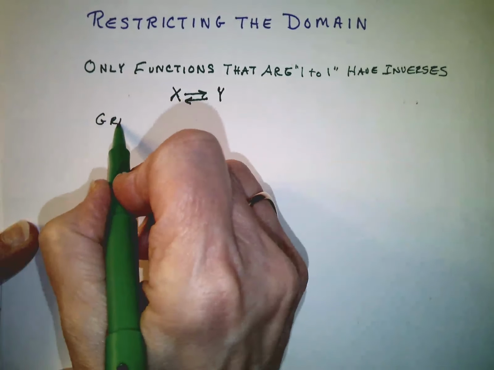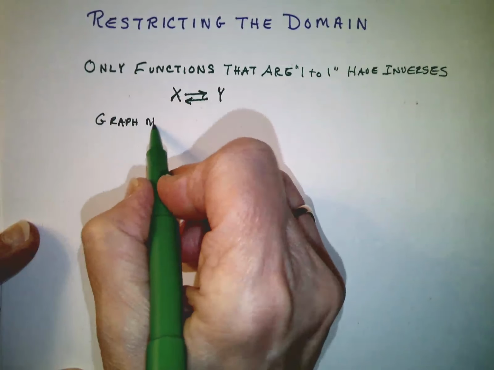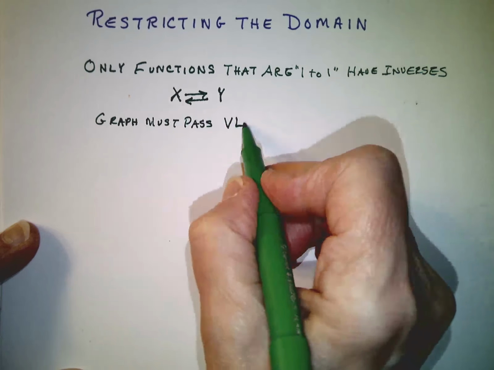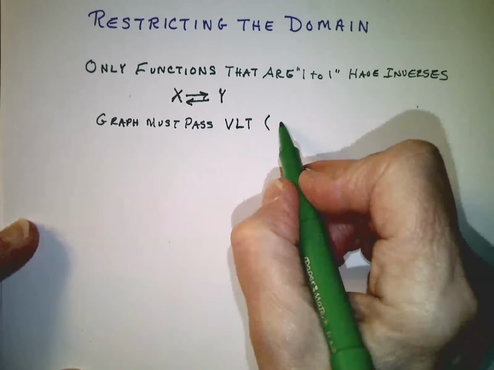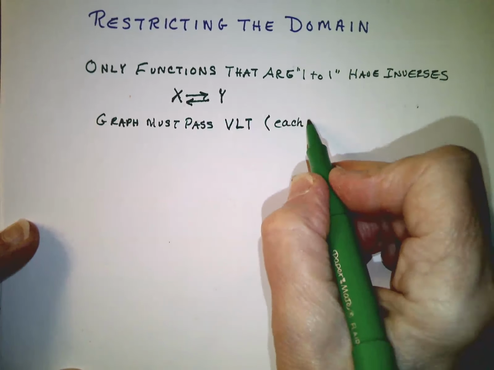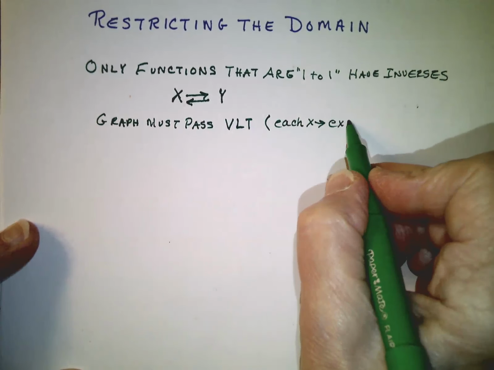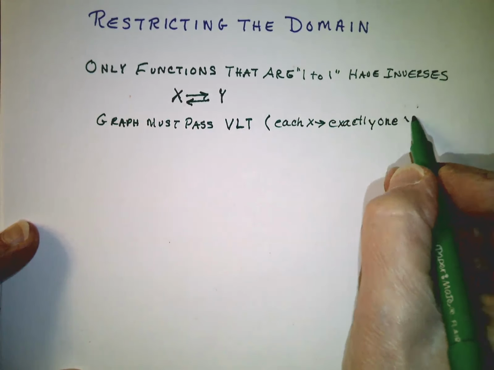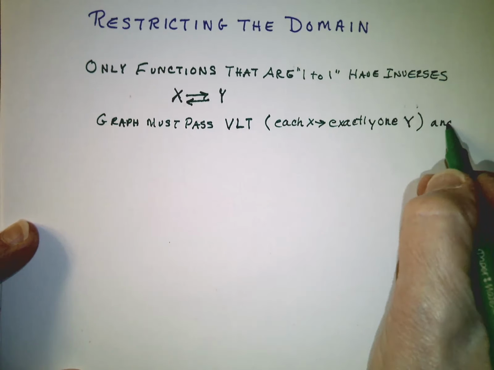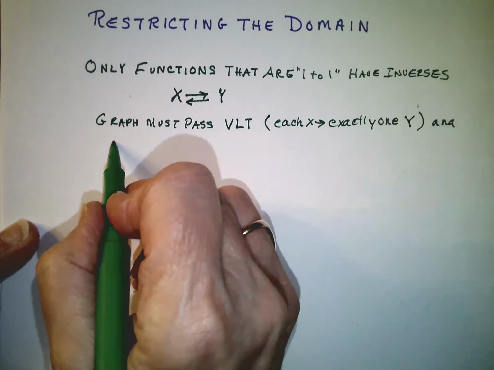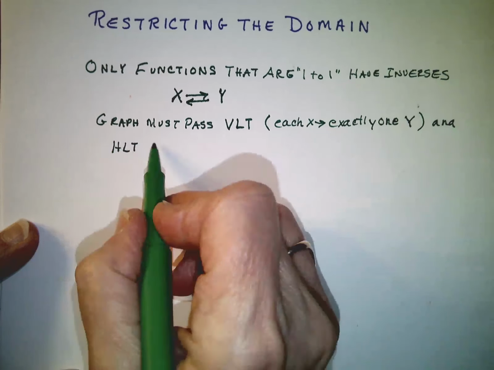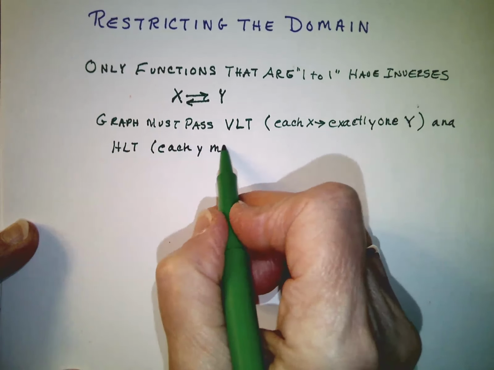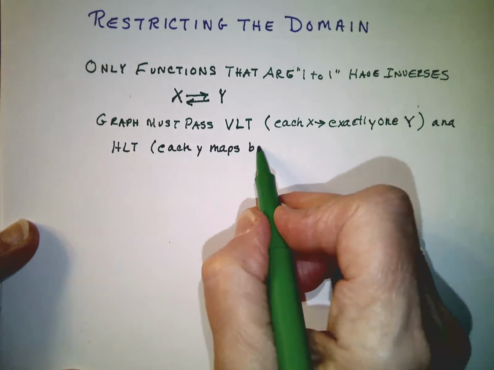The graph had to pass the vertical line test, which told us that each x goes to exactly one y, and also pass the horizontal line test, which tells us that each y maps back to exactly one x.